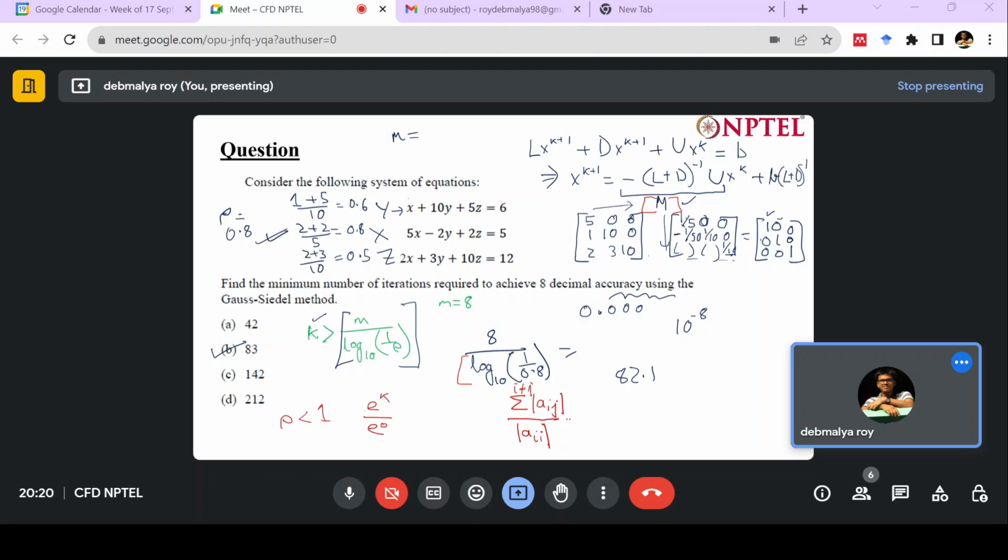So this ratio should be less than or equal to 1 for all rows, and it should be less than 1 for at least one row. So this is our criteria.